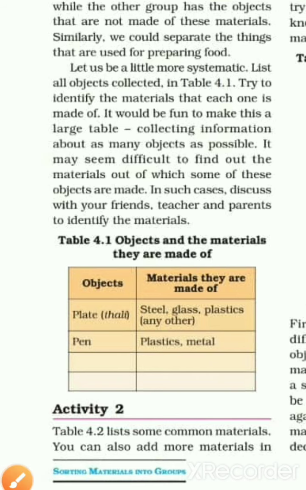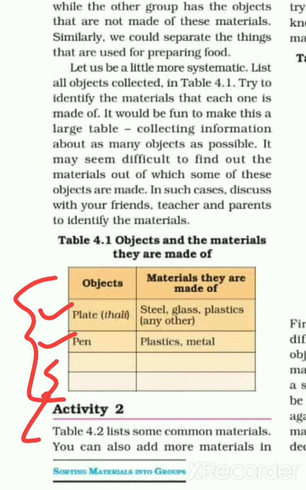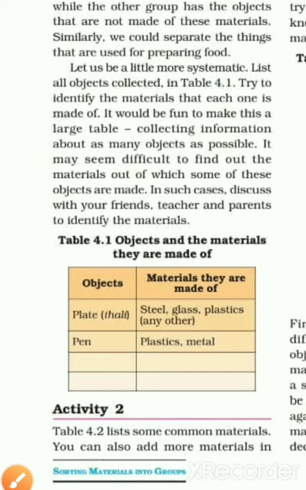So two examples were solved here. The next examples we need to do by ourselves. What we have to do in this table is, objects were given here and we need to find out the materials these objects were made up of. So the first example is plate, that means थाली.